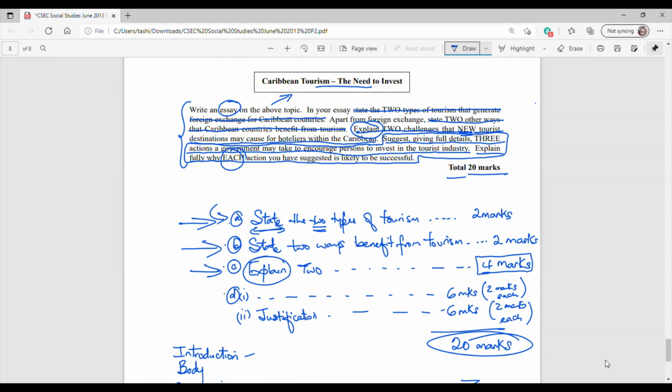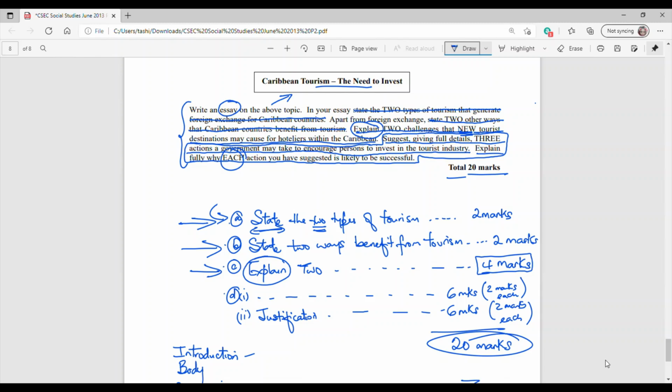Basically, we're giving a justification as to why that action is likely to work. So you can choose to do this paragraph by paragraph, where you use one paragraph to do all of the actions, and then another paragraph to do all of the justification.